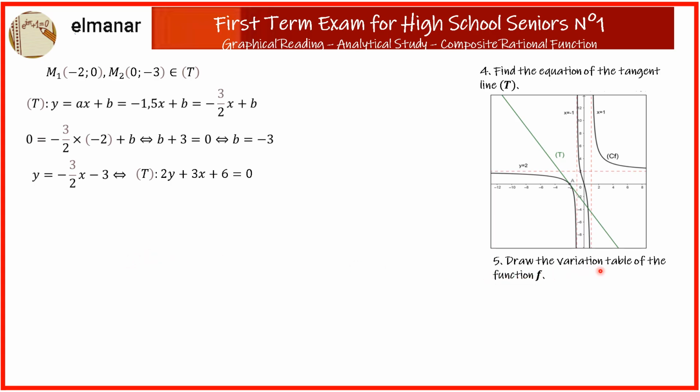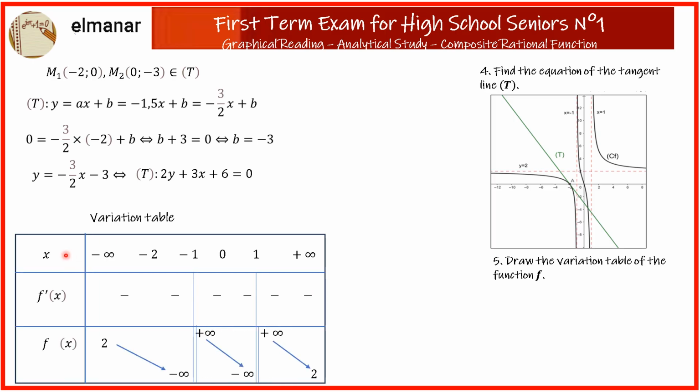representing the variation table. This table includes 3 distinct rows that describe how the function evolves across different intervals. First row, values of the variable. The variable progresses from left to right across the following intervals: -∞, -2, -1, 0, +1, +∞. Second row, behavior of the function's rate of change.